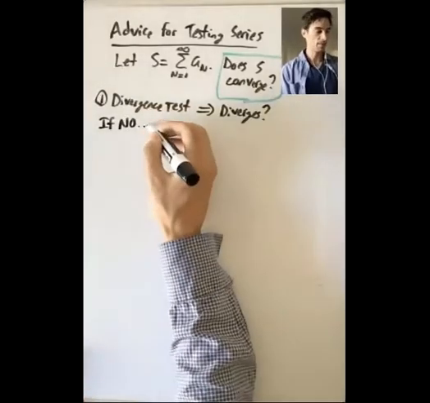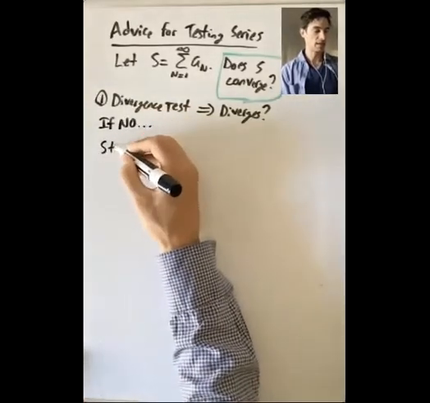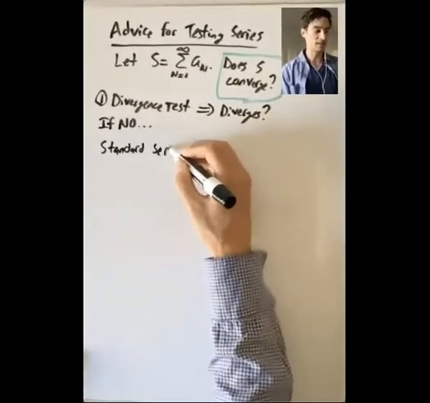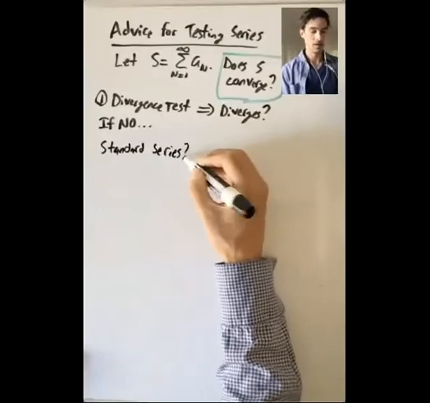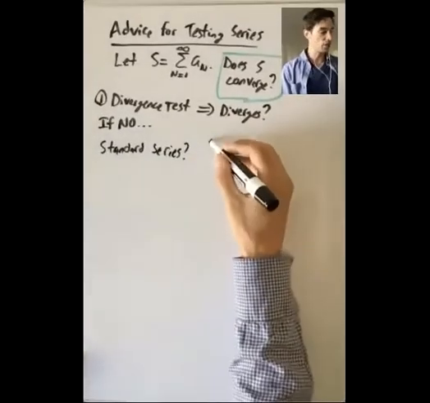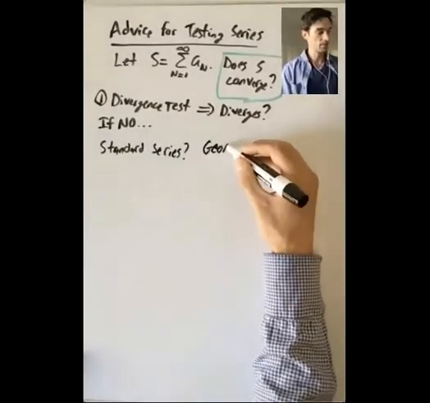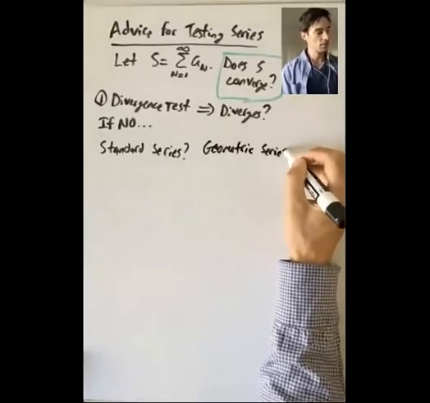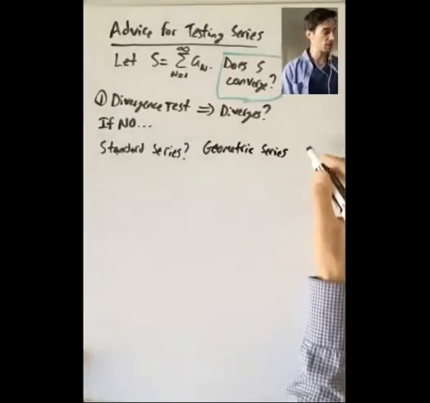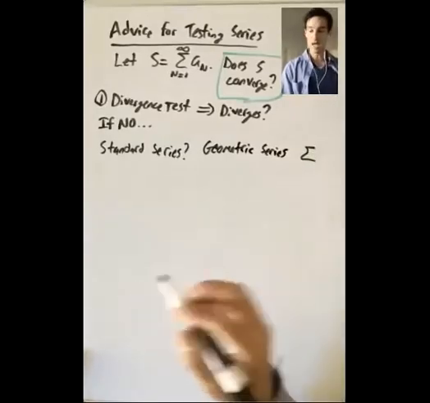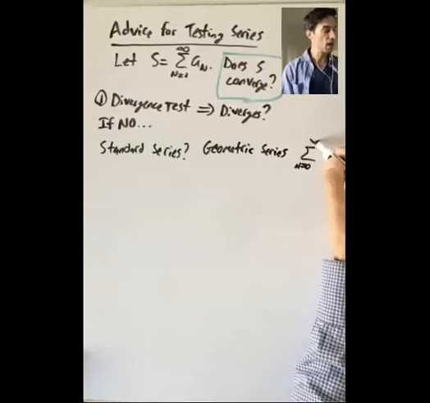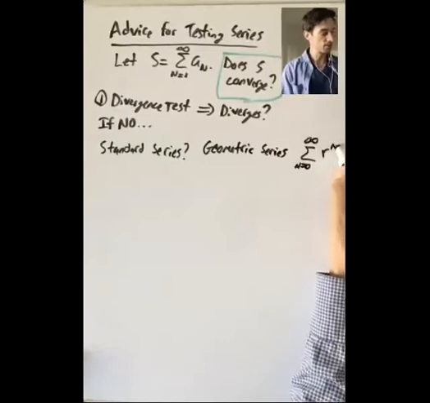If not, you could ask, is this some kind of standard series that I should recognize? Meaning something like a geometric series. Maybe your series doesn't look like a geometric series right away, but after some algebraic manipulation, it becomes a geometric series.